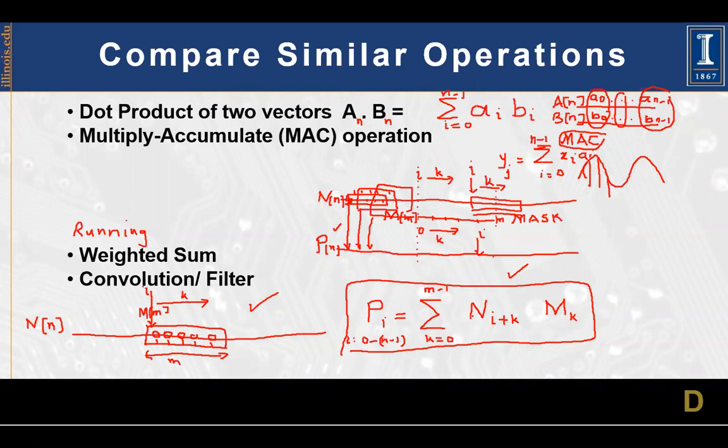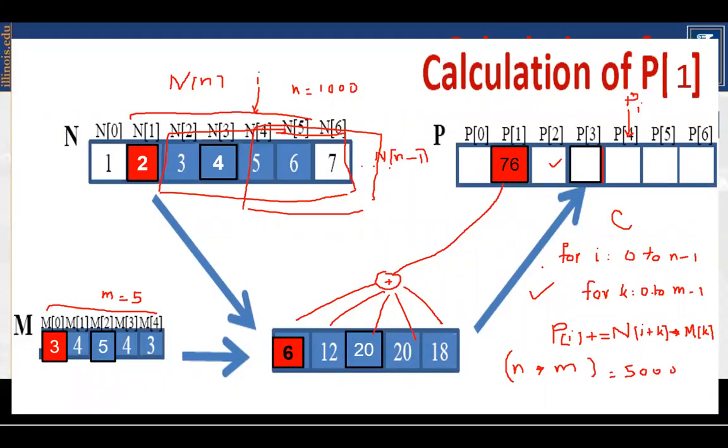This mathematical way has an equivalent algorithm in C code, and this is for an example. If N is 1000 and M is 5, N into 5 is 5000 multiply accumulate actions, 5000 MAC calculations or dot product calculations. Okay, so this is our convolution in one dimension.